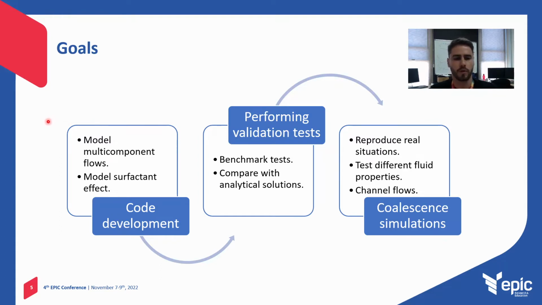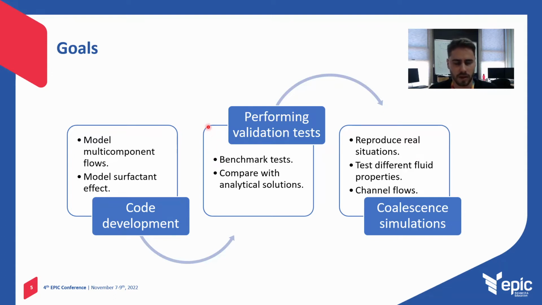So we broke our work in three steps. The first step is the code development, where we will implement a multi-component Lattice-Boltzmann method to simulate oil and water systems. Then in a later stage we will add the effect of surfactants.